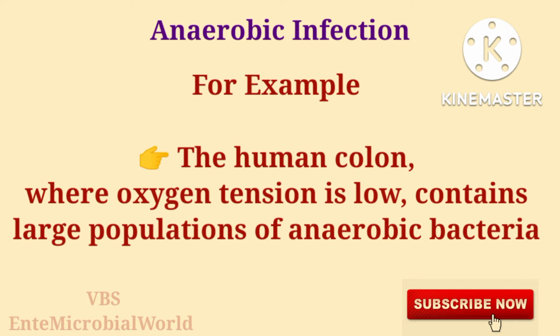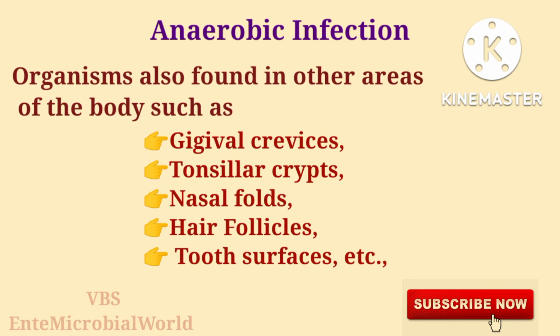For example, the human colon, where oxygen tension is low, contains large populations of anaerobic bacteria. And other areas of the body are the gingival crevice, tonsillar crypts, nasal folds, hair follicles, tooth surfaces, etc.